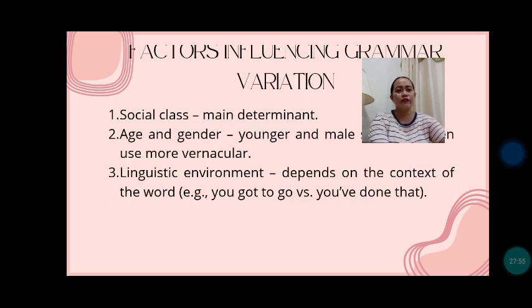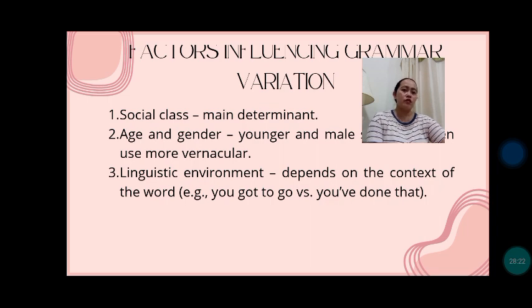Next, we have factors influencing grammar variation. Aside from social class, which is the main determinant, other factors influence grammatical variation. We also have age, where younger speakers often use more vernacular forms, while for gender, men most likely tend to use more non-standard speech.